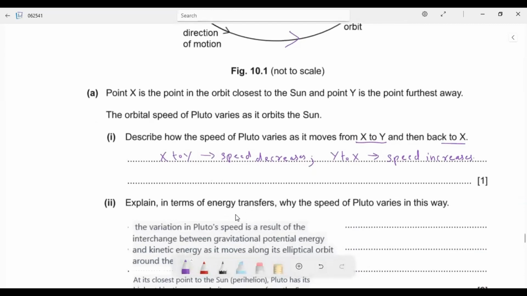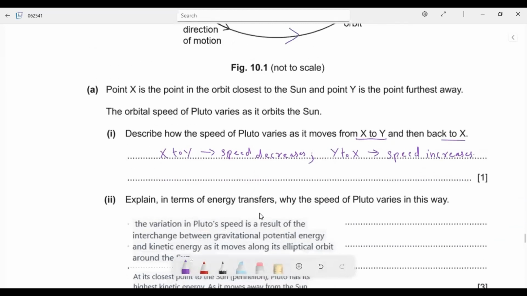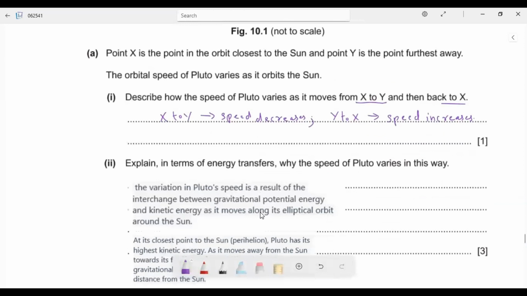Explain in terms of energy transfer why the speed of Pluto varies in this way. So here there is a transfer of gravitational potential energy and kinetic energy. The interchange between this gravitational potential and kinetic energy causes the energy transfer.